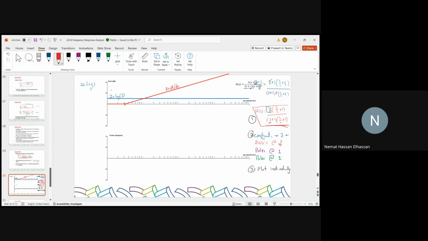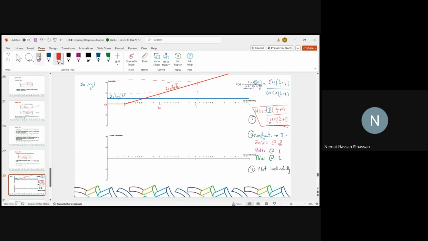What does that mean? It means that at 3 we started at 0 decibels. This point over here actually represents 30, which is 10 times 3. Remember we said ones, tens, hundreds. So if you start at 0, at 30 you should be at 20 decibels. At 300, you should be at 40 decibels, and so on.